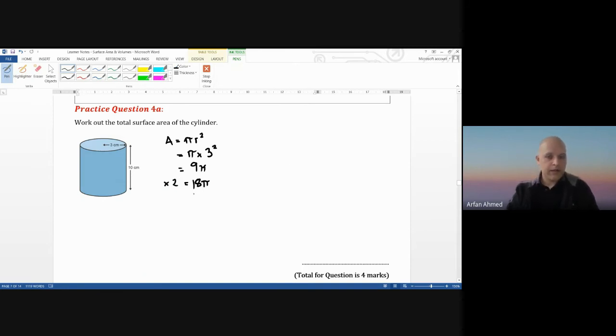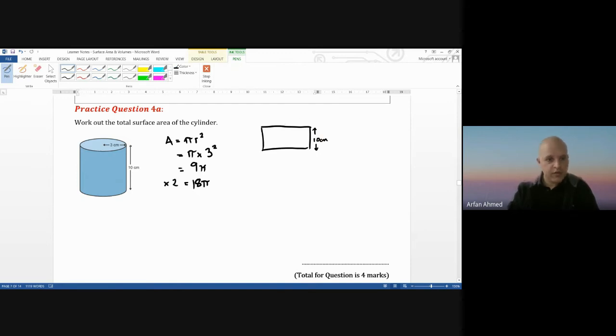And now for the bit that goes around, I would actually draw that, because I think it helps. When you unfold it, the height is that bit there, from there to there, which is 10.